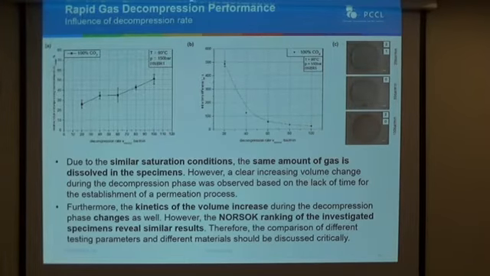Moreover, we also observed a strong influence on the dynamics, or on the initial time. It means the whole kinetics of how the volume changes with this increase of the decompression rate.